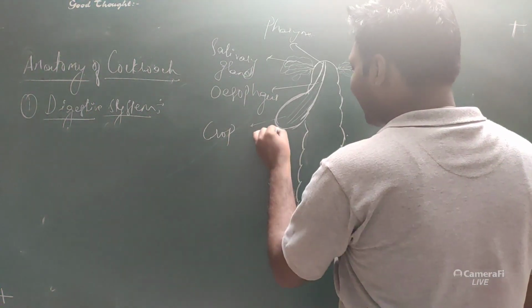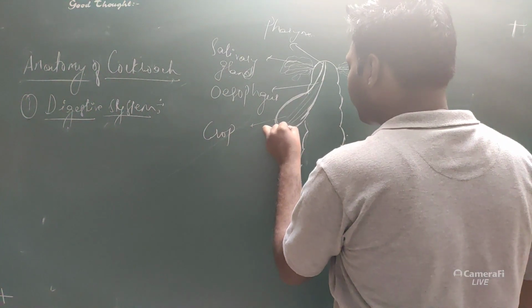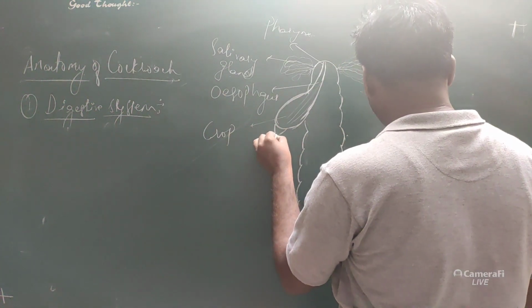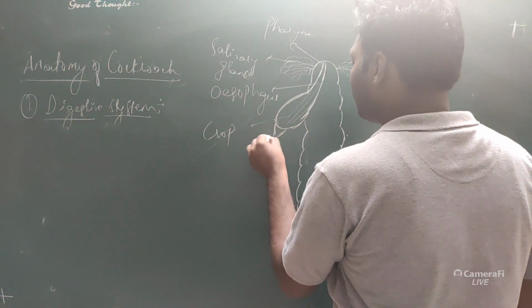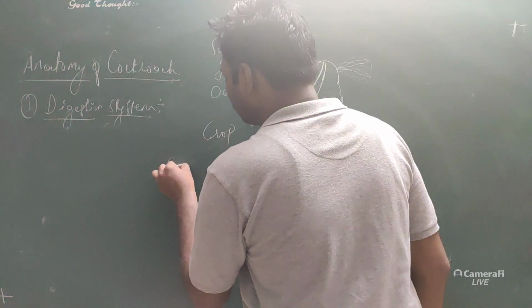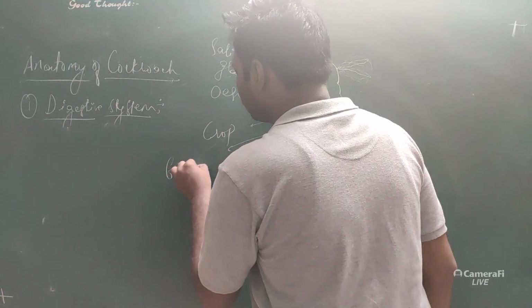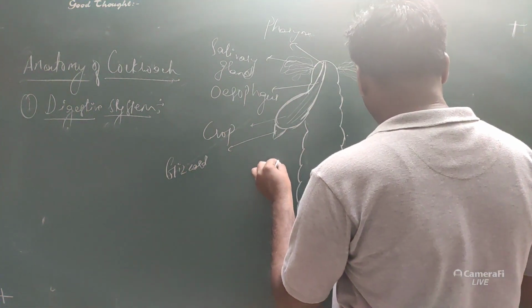Now at the base of the crop there is a conical structure, which is referred to as the gizzard. This gizzard is used for mastication of the food material.